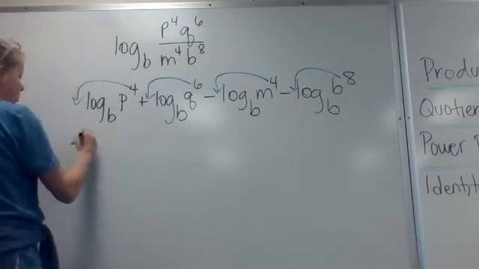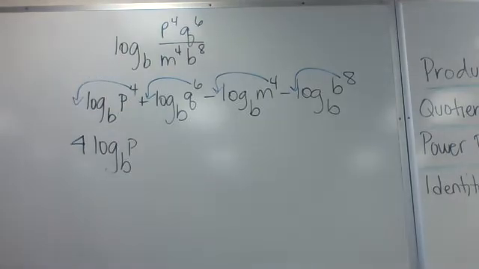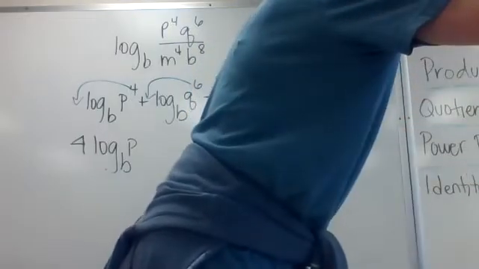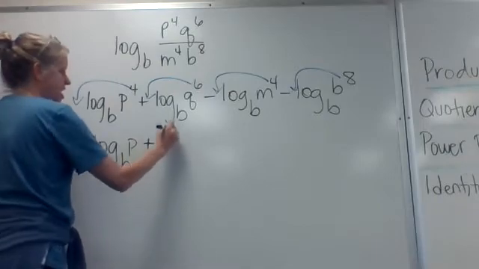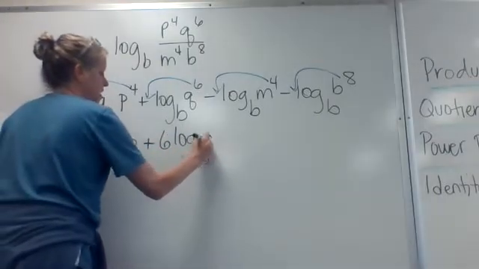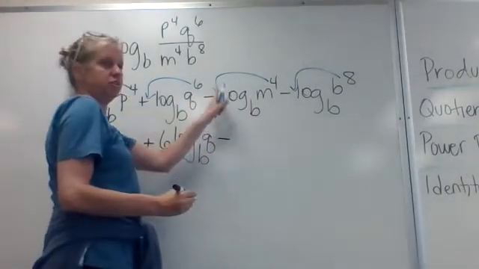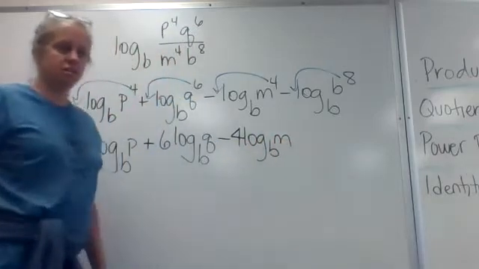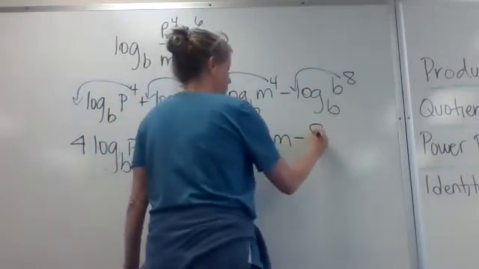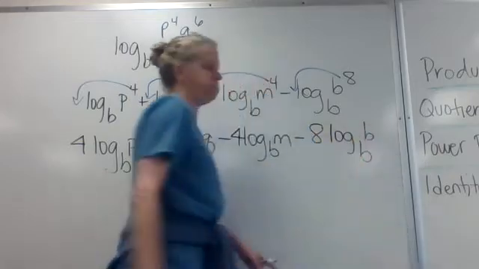So here I've got 4 times log base b of p plus 6 times log base b of q minus, bring down the 4, log base b of m minus 8 times log base b of b.